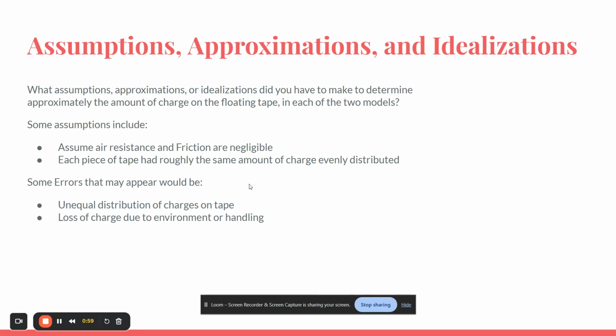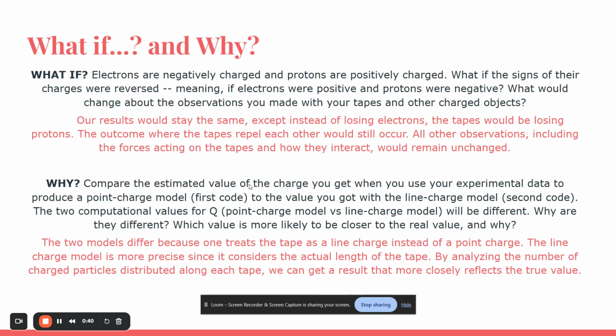Some of those errors that may appear would be unequal distribution of the charges on the tape, like I mentioned earlier, loss of charges due to environment or handling in general, and then external forces like friction that were not included in our model because we assumed that they were negligible.